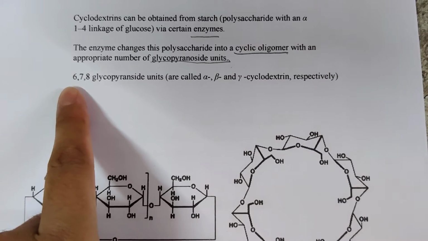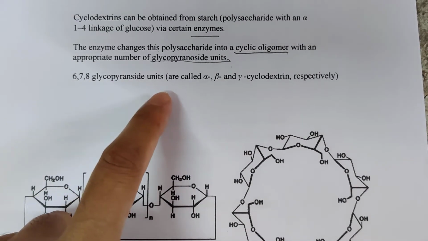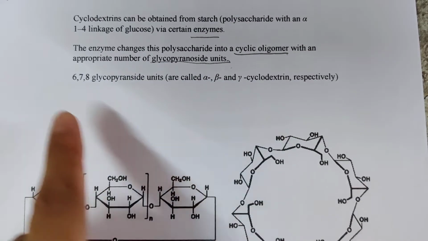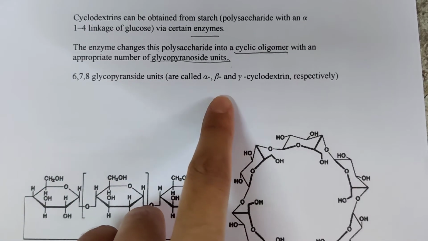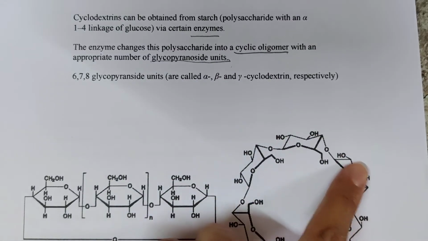The 6 glucopyranoside unit containing cyclodextrin is called alpha cyclodextrin, and respectively 7 is called beta. For 8 units it is called gamma cyclodextrin.